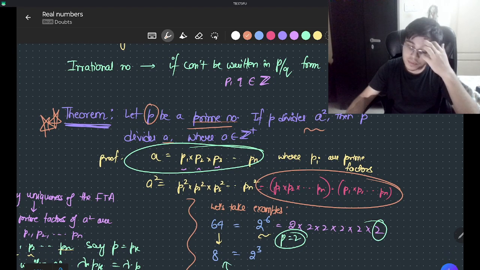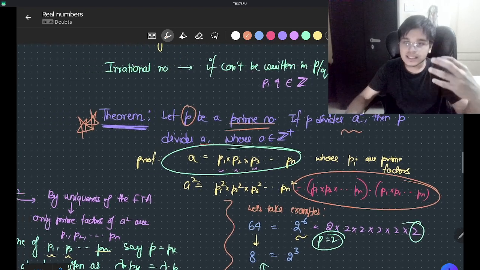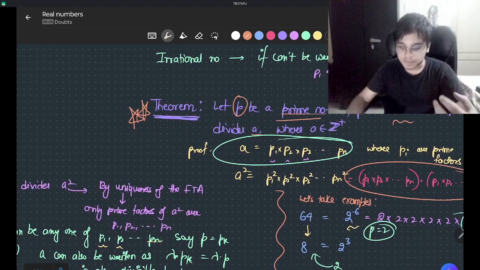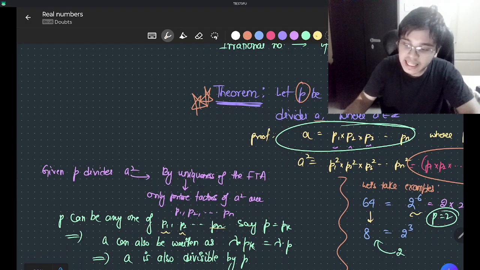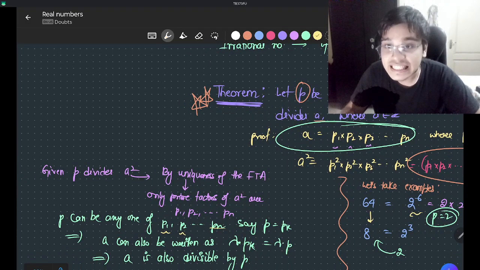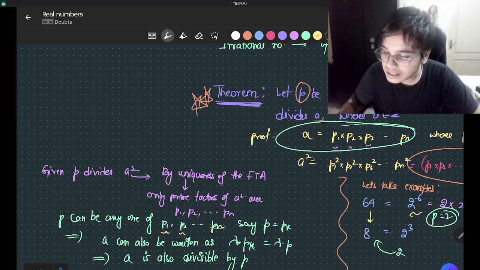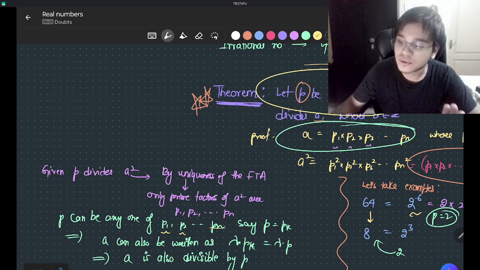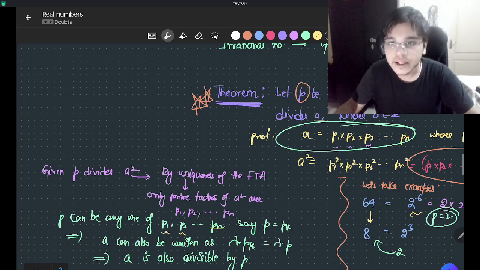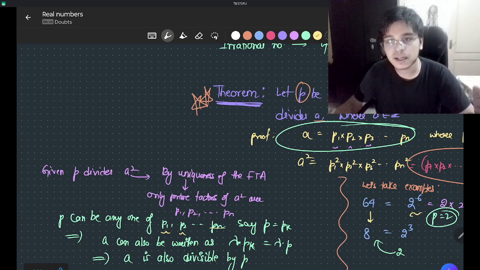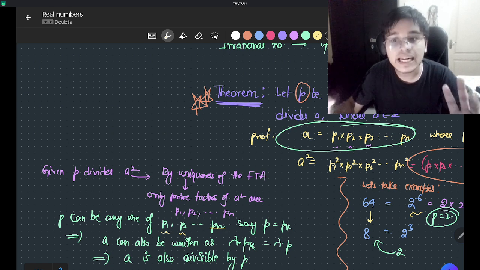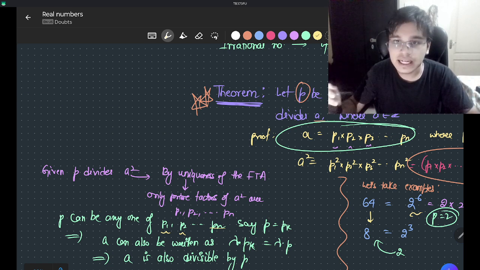Now, let's prove this statement. It says that p is a prime number, which is the most important criterion for this theorem. If p is a prime number and it divides a square, then it also divides a.